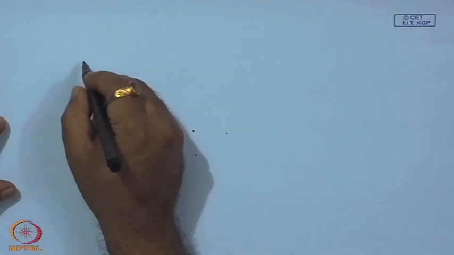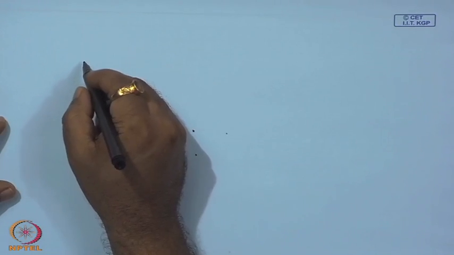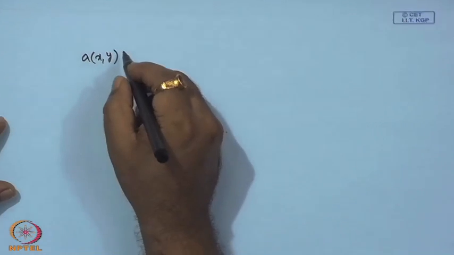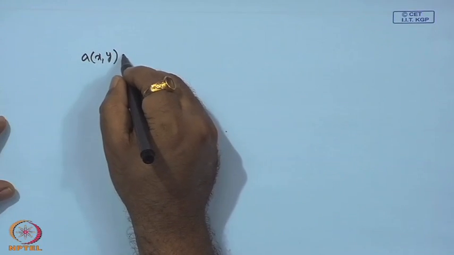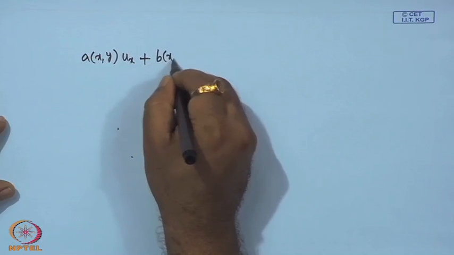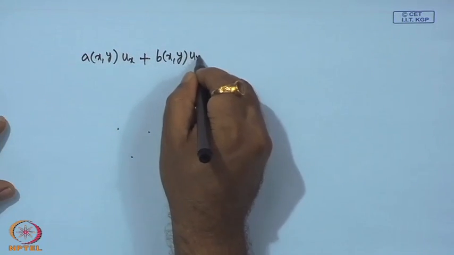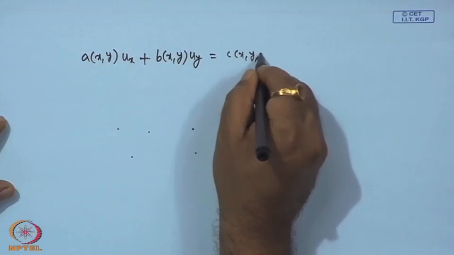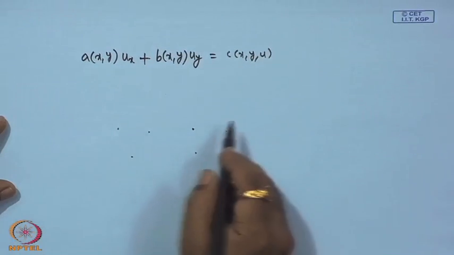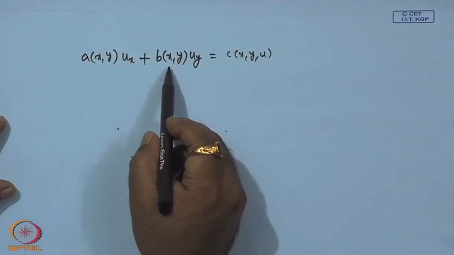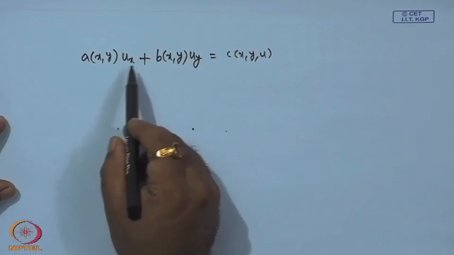Now suppose the equation is of this type. That means A and B are independent of the dependent variable u.